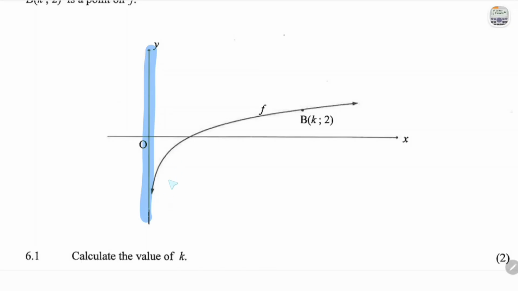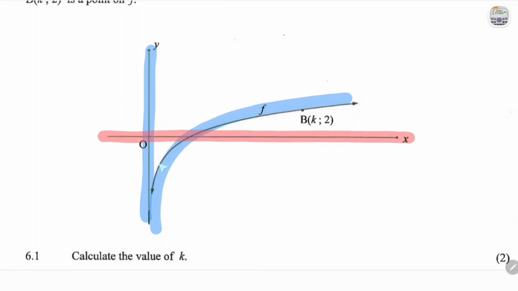Notice what it's doing. On the y-axis, towards the negative part of the y-axis, the graph starts to increase and then it shoots up like that. Now, the inverse is going to do the exact same thing, but on the x-axis. With the original graph, on the negative part of the y-axis, the graph was closest to that y-axis.